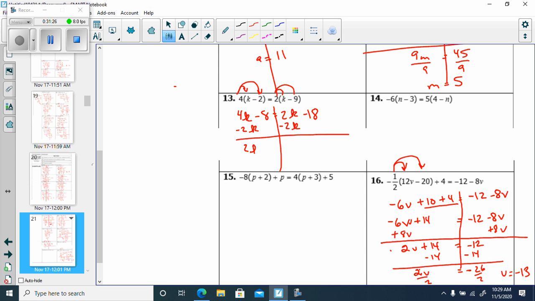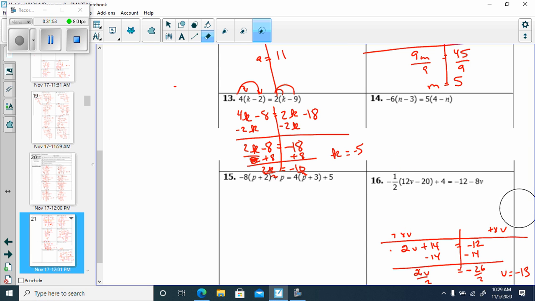I have 2k minus 8 equals negative 18. Let's divide both sides. Oh, wait. Okay. Let's add 8 to both sides. I've got 2k equal negative 10. Divide both sides by 2, and k is negative 5. Okay.